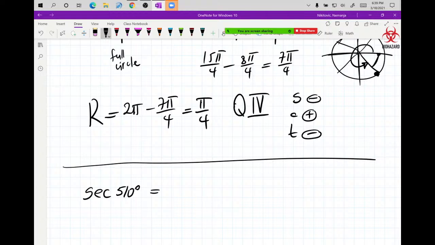Now, you don't have the button on your calculator for this. Good luck, right? Now, if we could just get this secant converted somehow into something that we know how to compute. Anyone?